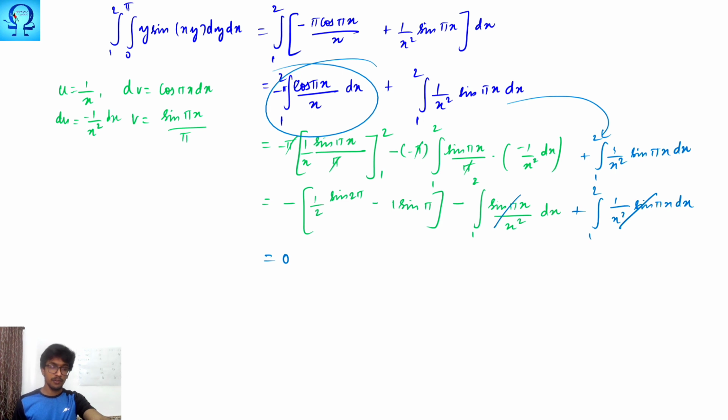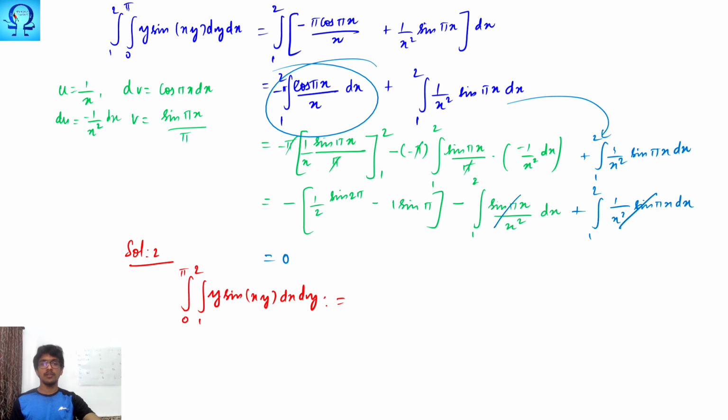And the other way, if you go with the other way, integral 0 to pi, integral 1 to 2 y sine xy dx dy. Okay, this is solution 2.